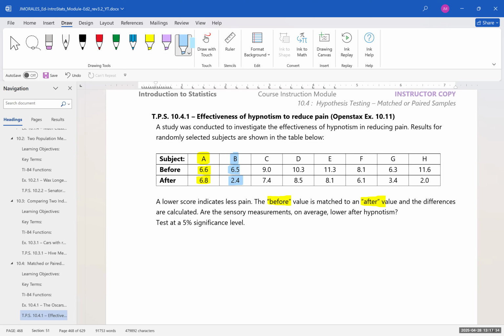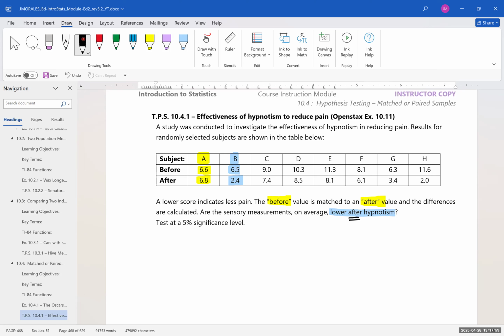Okay, so are the sensory measurements on average lower after hypnotism? It's not kind of pointed out, okay, but we have this word after.